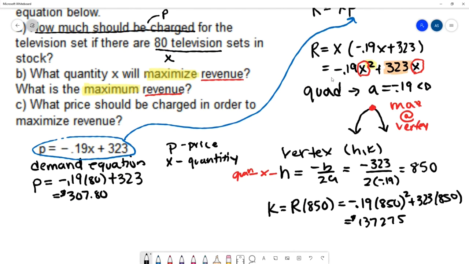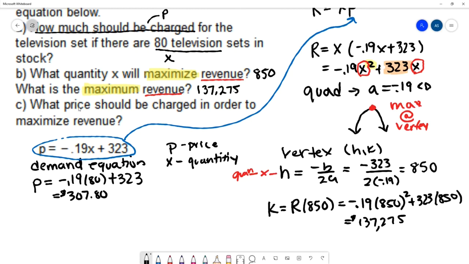So we're going to have a maximum revenue of $137,275 by selling 850 television sets. So that's the two parts we have in part B here. The two questions. What quantity will maximize the revenue? 850 television sets. And the maximum revenue is $137,275.